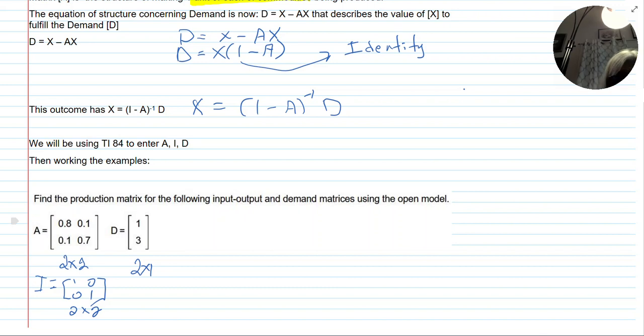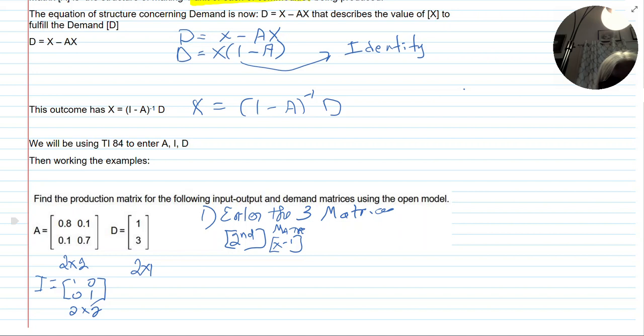So we're going to put in on our matrix by doing a second, X inverse, which gives us matrix, select edit. So that means we have to arrow over to the category of edit.